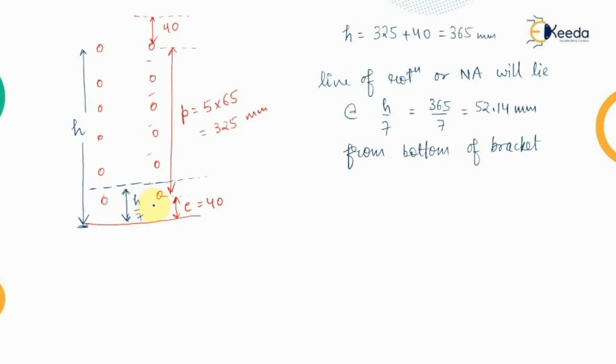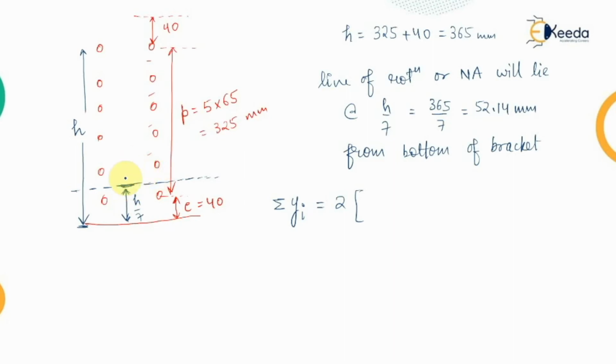Now we need to calculate the summation yi, because in the formula we will be requiring that. For calculation of the summation yi value, since both the bolt lines are present above the line of rotation, we will calculate for one side and multiply it by 2 to accommodate the other line also. So yi is the vertical distance from the line of rotation.